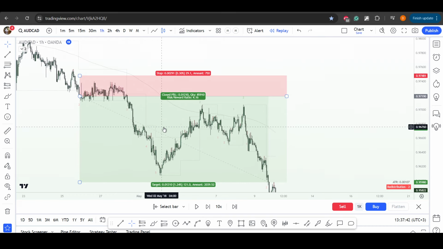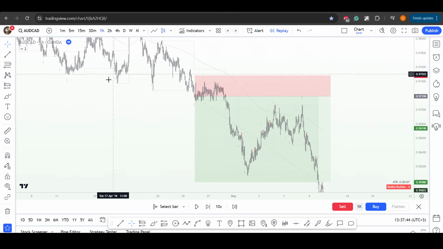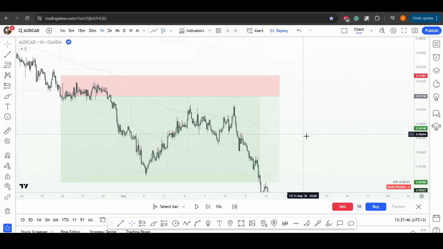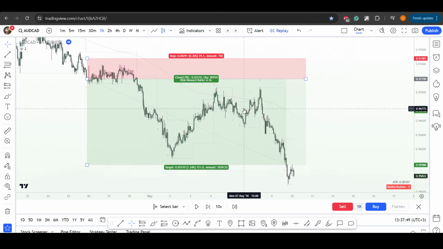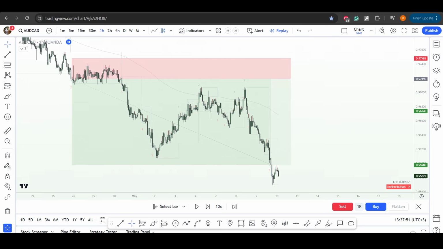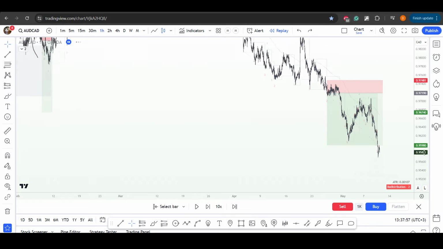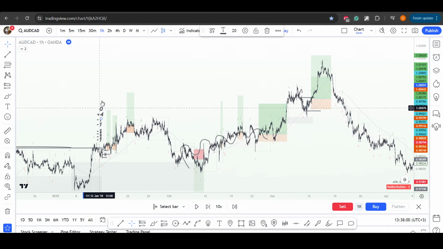Actually, it worked. You see, definitely this liquidity just allowed the market to run like crazy, and then after this redistribution we had some setups here, but we were already in the market, so great.